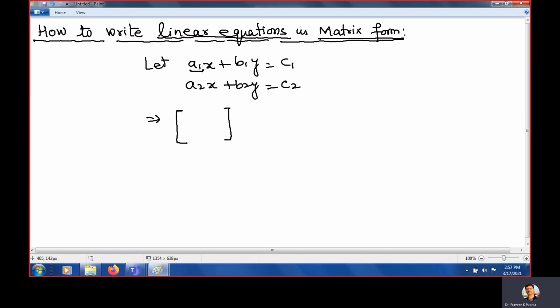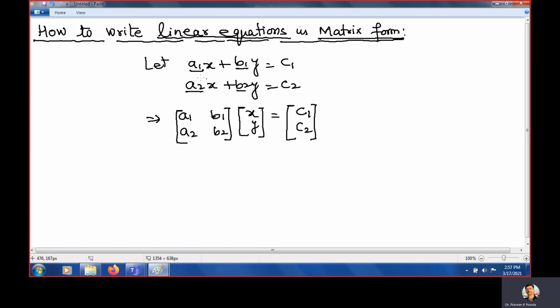Collect the coefficient of x. Coefficient means a number multiplied to the variable x. It is a1 with sign plus or minus b1, a2 and b2. These are the coefficients, these four coefficients. Then write x, y and equal to c1 and c2.